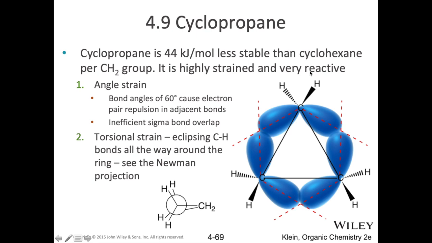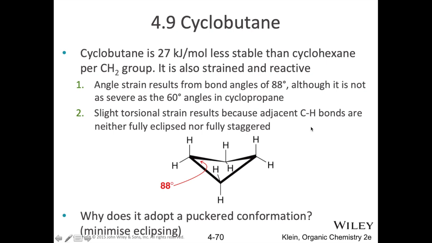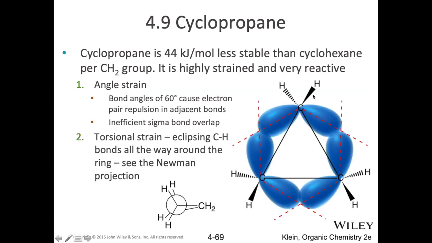The other thing that's interesting, which you don't see from ring strain alone, is that there's still torsional strain between the carbon-hydrogen bonds on adjacent carbons. Since we're locked into this structure, there's a bit of eclipsing between those carbon-hydrogen bonds.